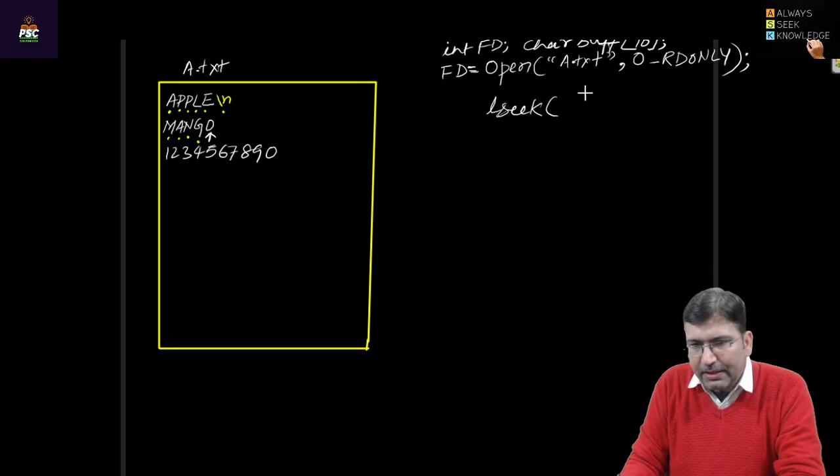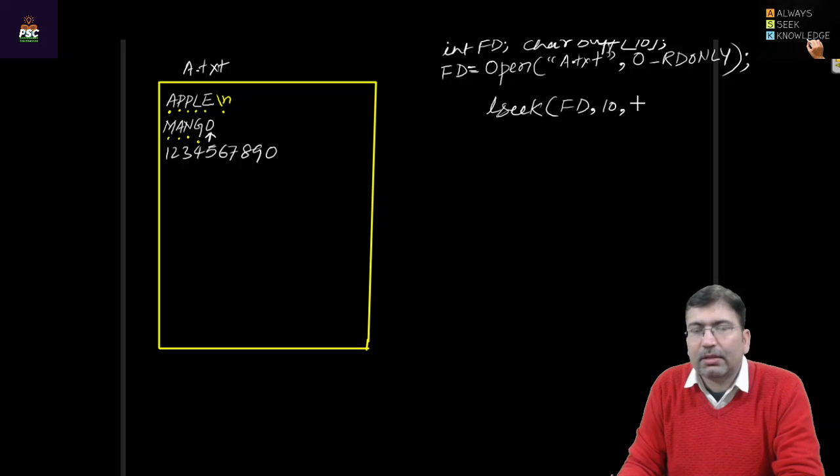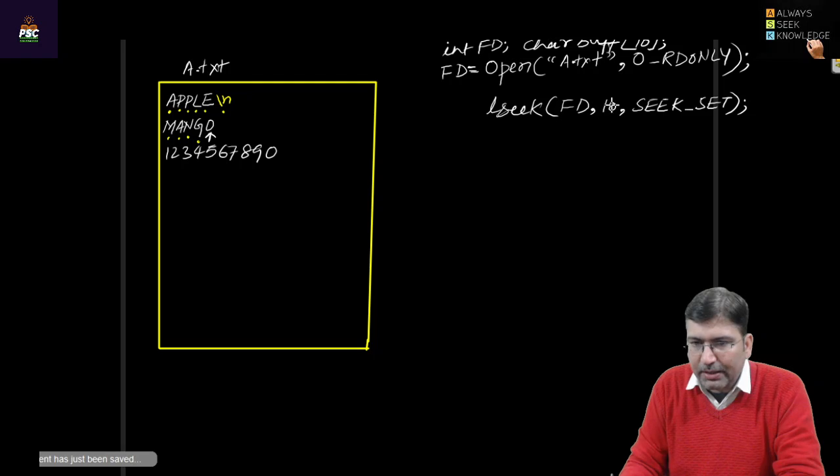In lseek I will use the file descriptor which I want to reposition, and an offset value, let's say 10, because I want to shift 10 values and read from the 11th character. Instead of whence we write SEEK_SET, because I am just shifting from the beginning. Set means the beginning. So from the first place, the beginning, you add 10.